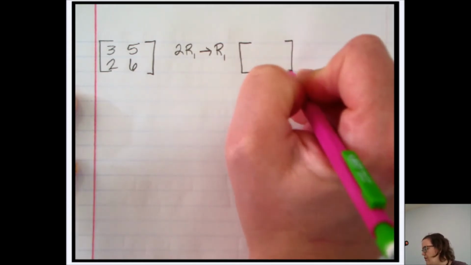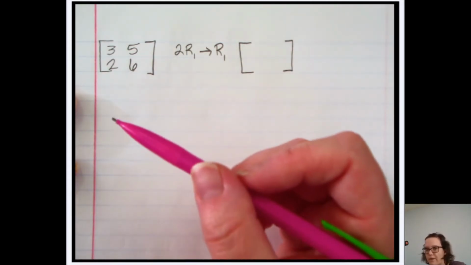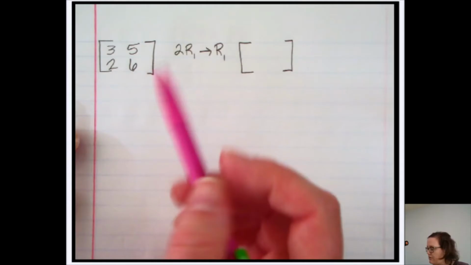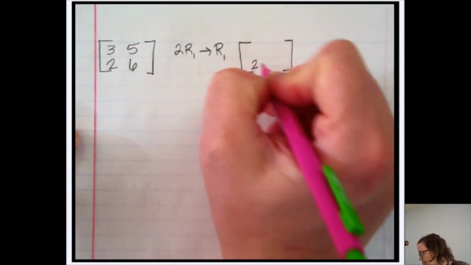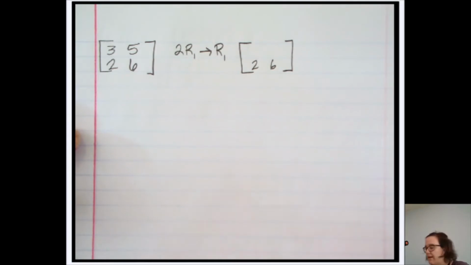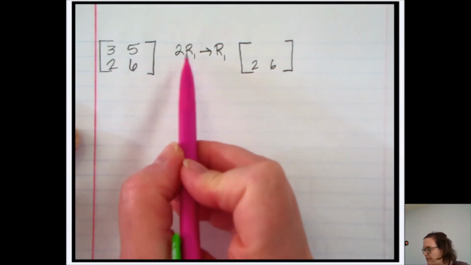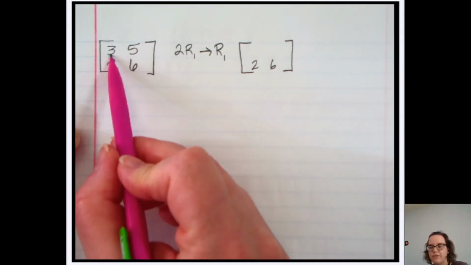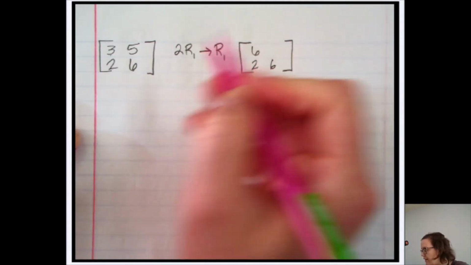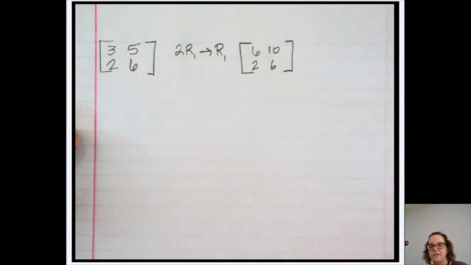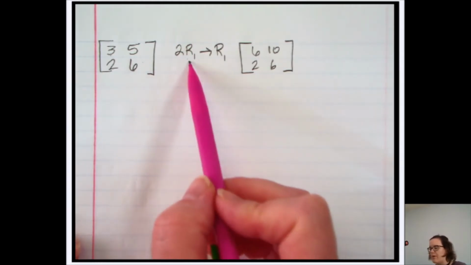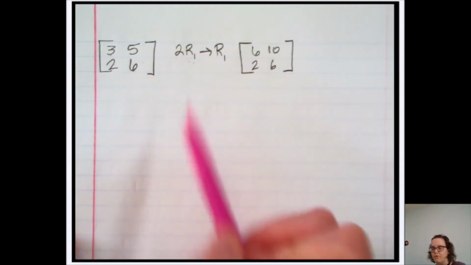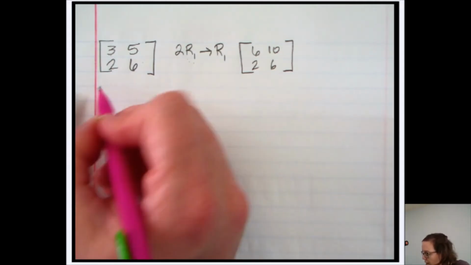First thing I like to do is write down anything that won't change. Does row 2 get bothered? No, so let's go ahead and rewrite it. Now what does this tell us to do to row 1? It tells us to multiply everything by 2. So 3 becomes 6 and 5 becomes 10. That was an elementary row operation. We multiplied 2 times row 1.